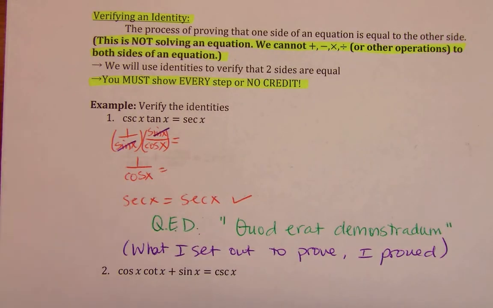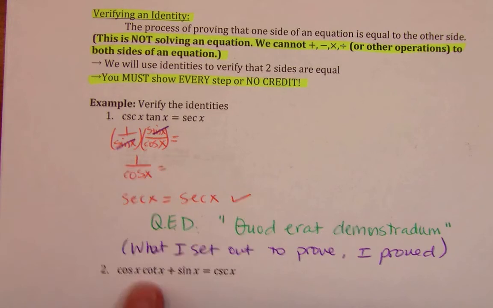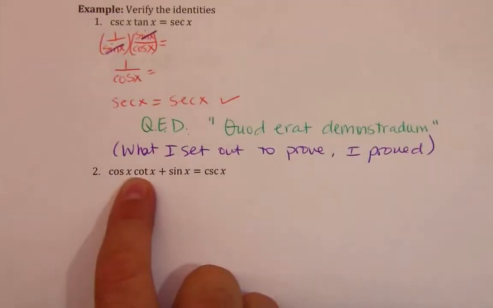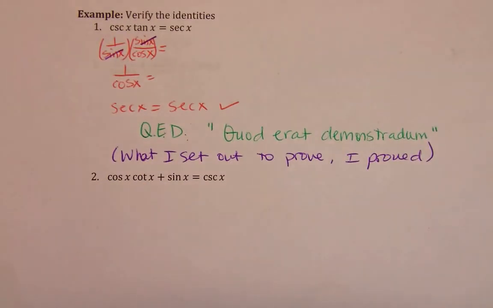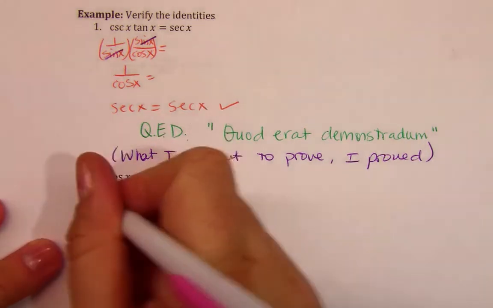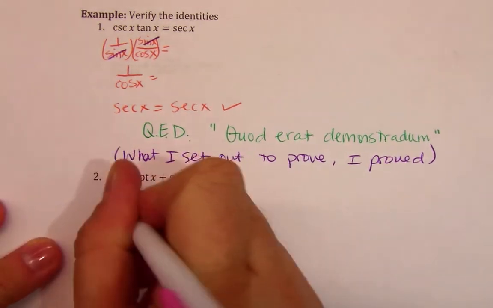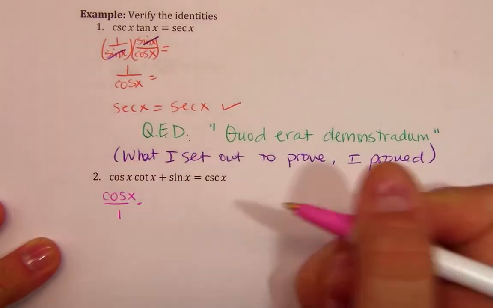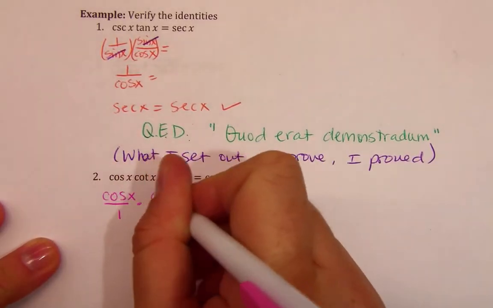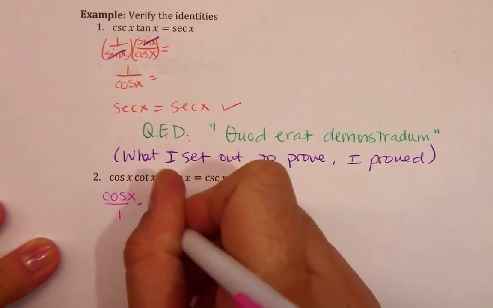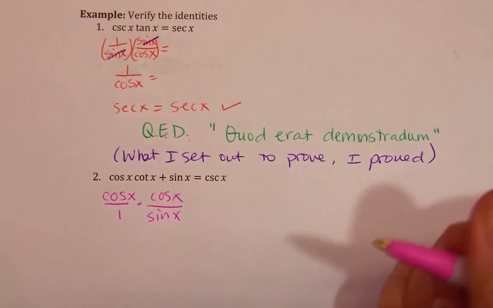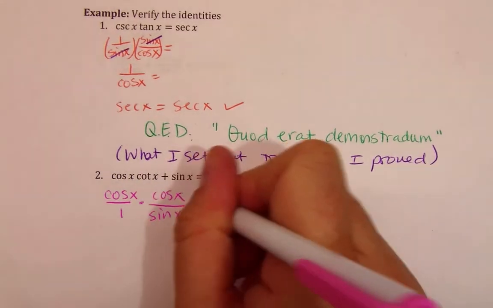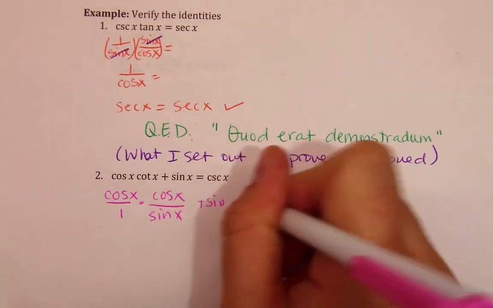Okay, so let's look at our next example here. We have cosine x plus cotangent x plus sine x equals cosecant x. So I'm going to continue using my identities. Cosine x, I'll just write over 1. Cotangent is cosine x over sine x, and then plus sine x.